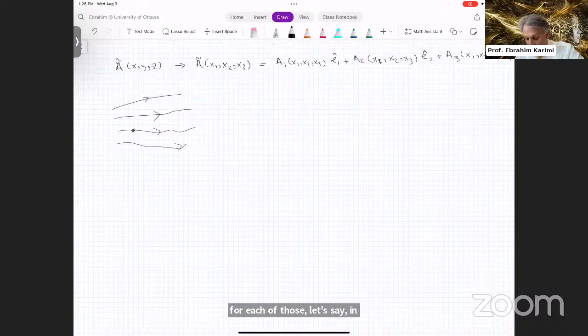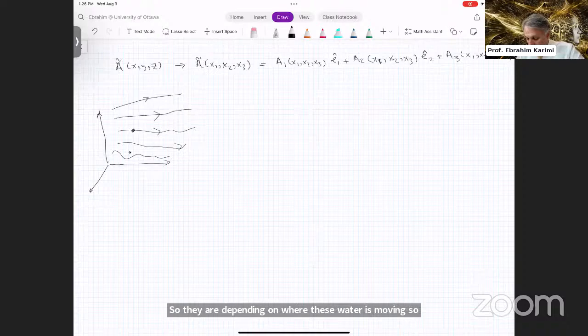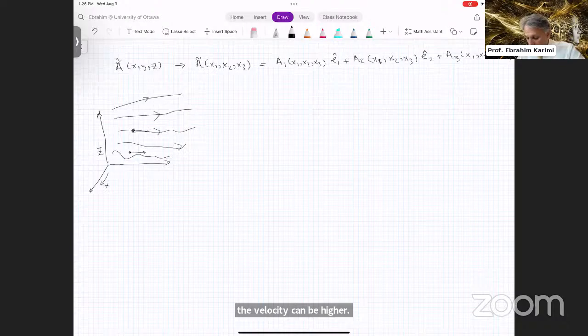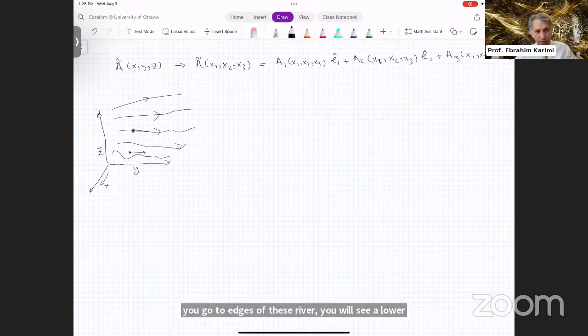So it depends on where this water is moving. It can be in the depth, where the velocity can be lower, while on the surface the velocity can be higher. So it depends on the Z direction, on the X, and also on the Y direction. If you go to the edges of the river, you will see lower velocity, etc. So this is one example of what we call a vector field.